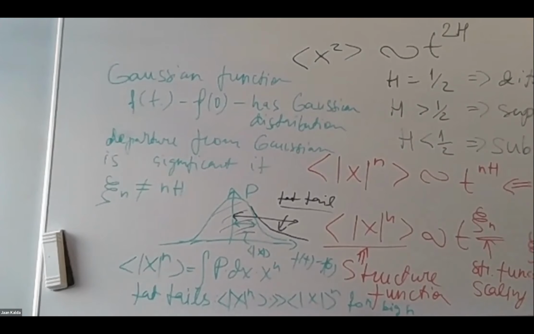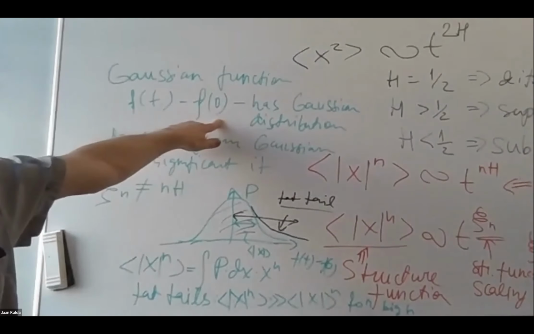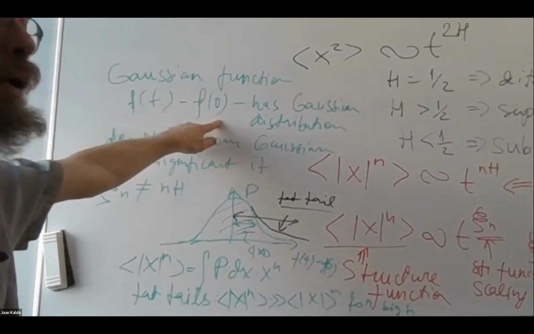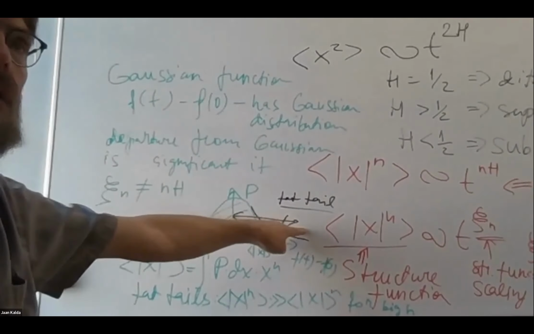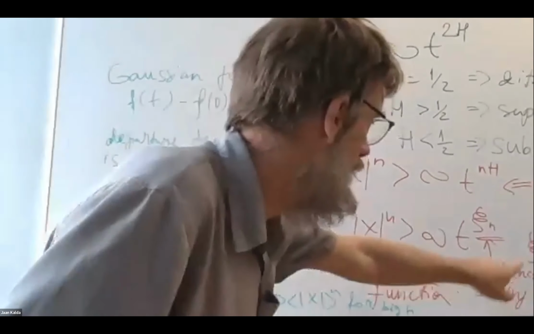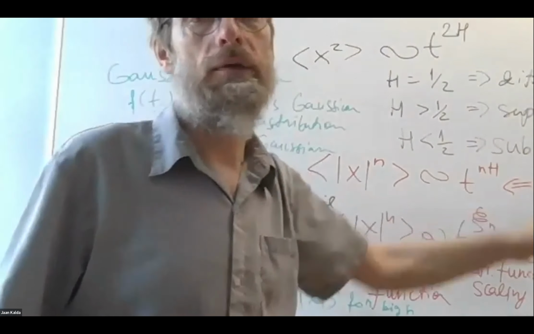So in that sense, the structure function scaling exponent tells you how significantly non-Gaussian the distribution of f of t minus f naught is. How strong are the fat tails? Or simply, how intermittent is it. So this reflects how intermittent your time series is.